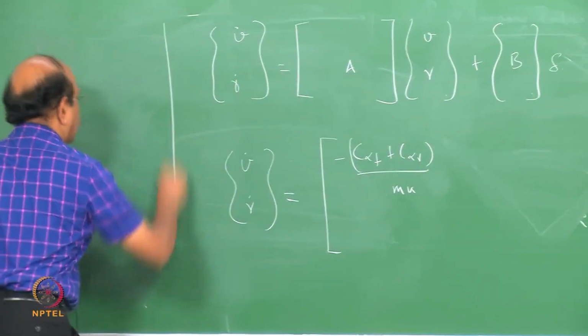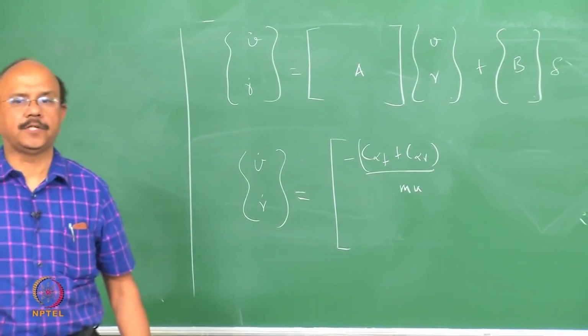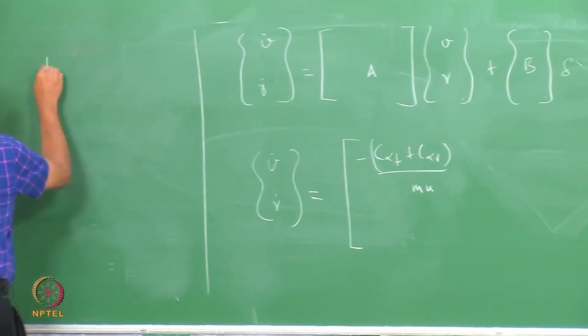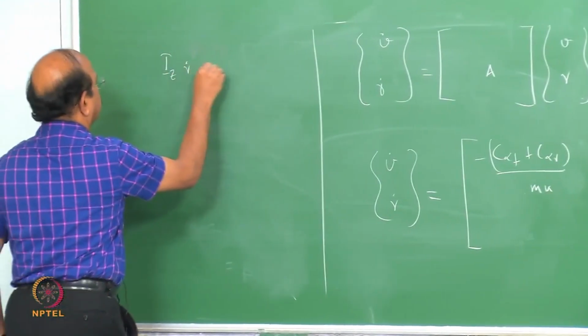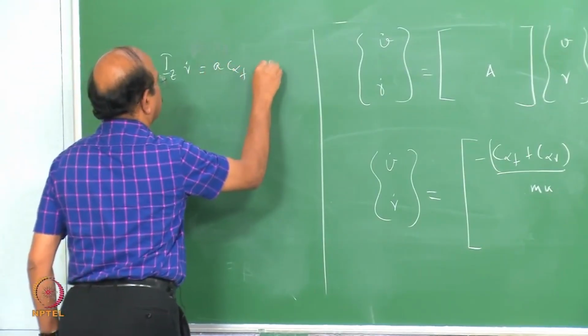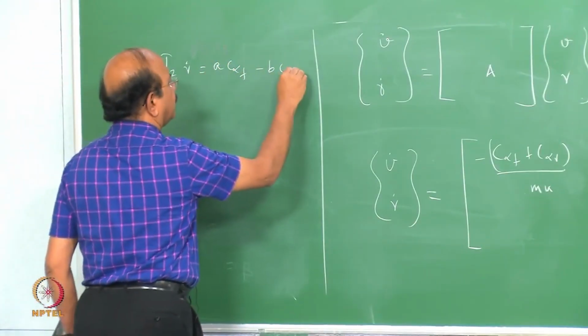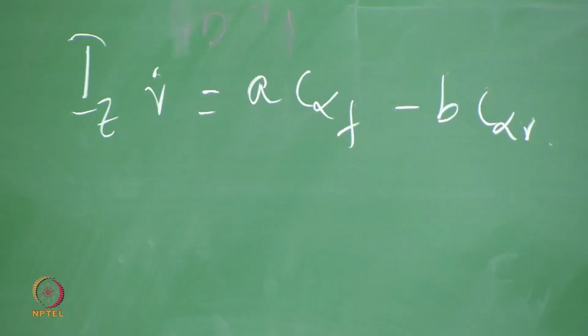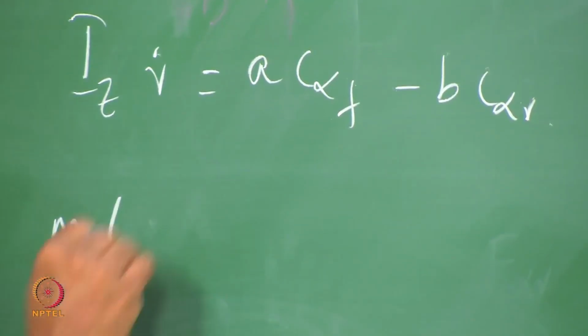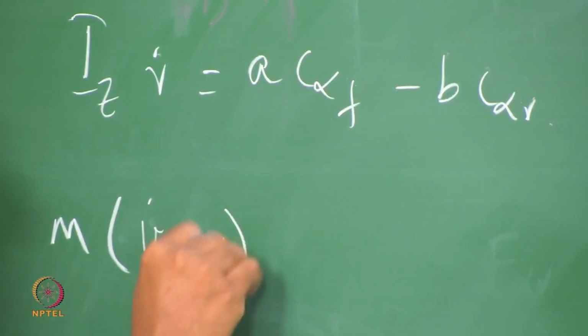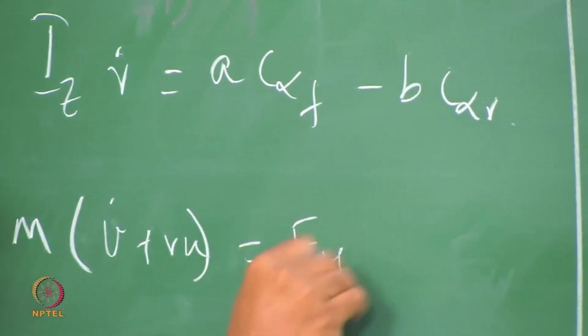I think it's good to have the expression we had: Iz r dot is equal to A C alpha F minus B C alpha R, this one, right? Yeah. And M into (V dot plus RU) is equal to Fy. Okay?